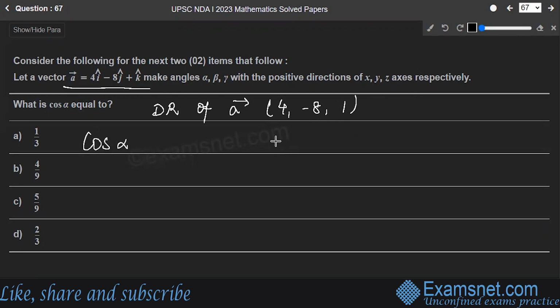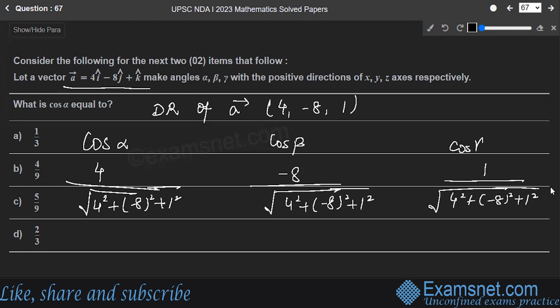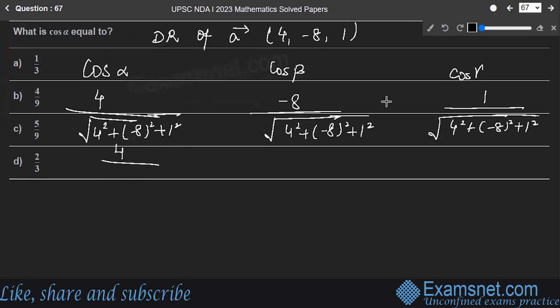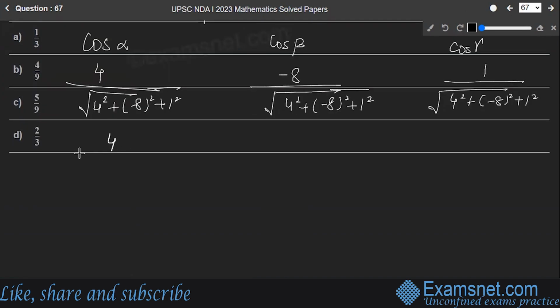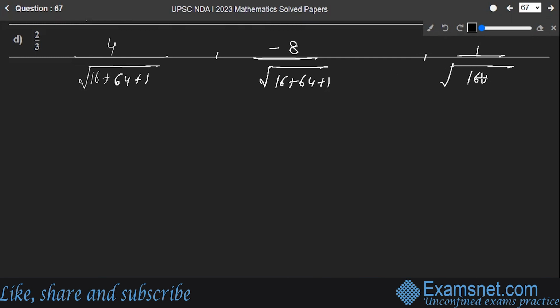So the direction cosines cos alpha, cos beta and cos gamma are 4 upon root of 4 squared plus minus 8 squared plus 1 squared, minus 8 upon the same root, and 1 upon the same root. That is 16, 64 and 1, which makes it 4 upon root of 81, minus 8 upon root of 81, and 1 upon root of 81.